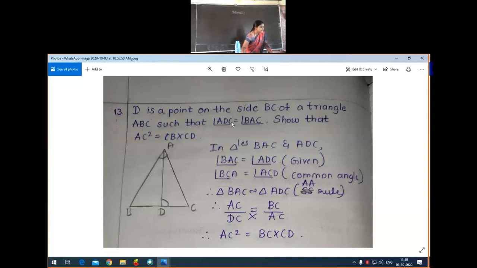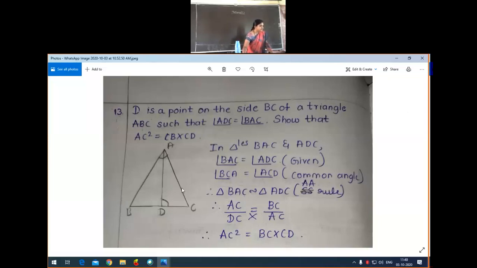Now in both the triangles we observe one common angle, that is C. So according to the AA rule, the big triangle ABC is similar to the small triangle ADC.